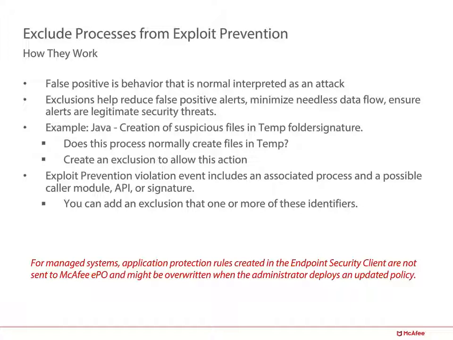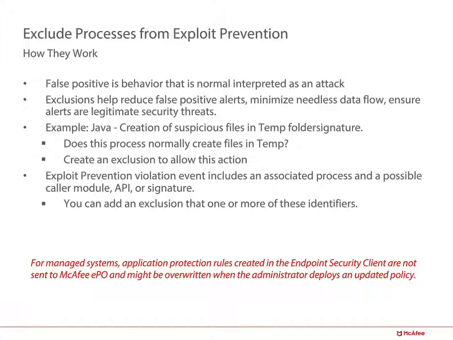Here, for example, during the process of testing, I see a client recognizes this Java creation of suspicious files in the temp folder signature. Well, this signature is signaling that a Java application is trying to create a file in the Windows temp folder. You'll have an event that will be triggered by this signature, and it is a cause for alarm, because why is Java going in and trying to create this executable in the Windows temp?